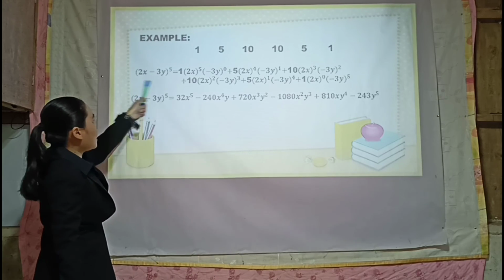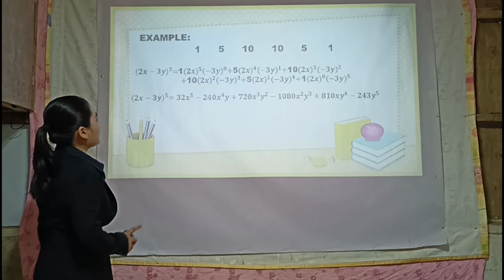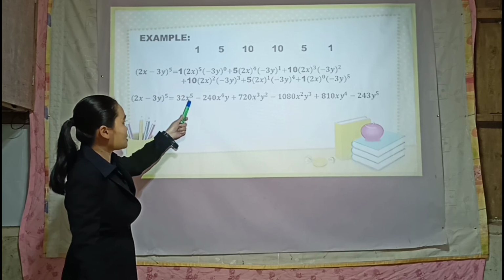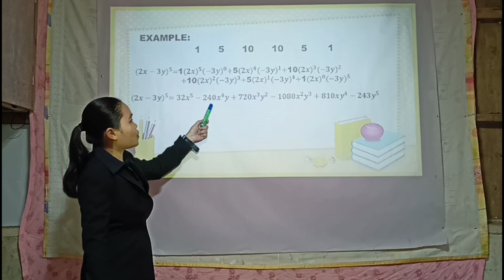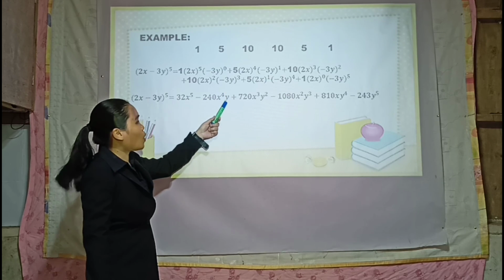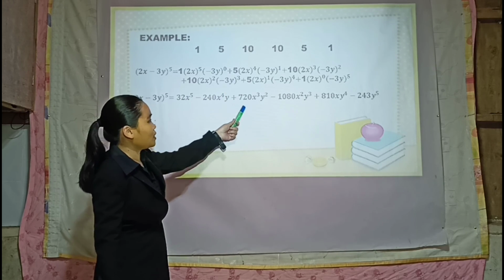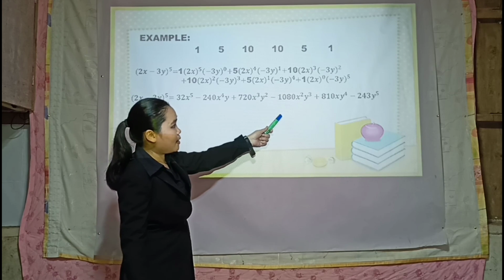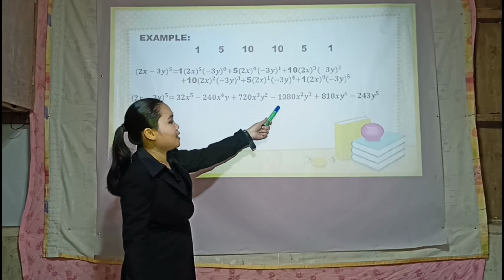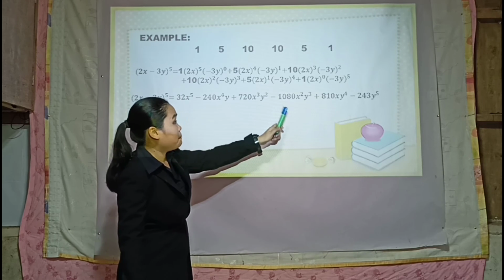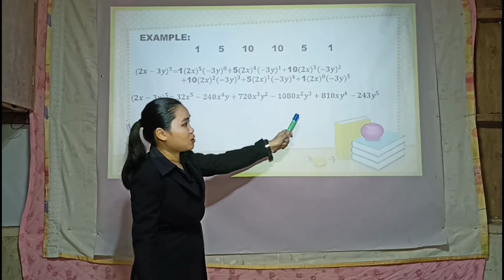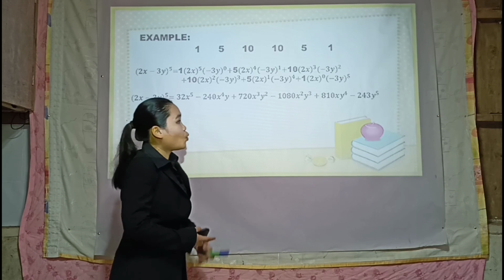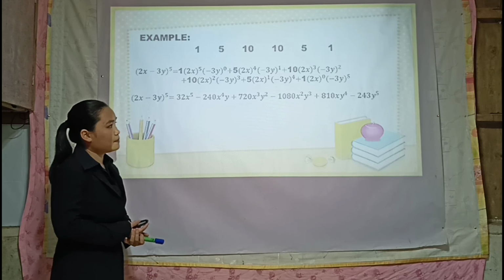So, the answer for this expression 2x minus 3y raised to 5 is equal to 32x raised to 5 minus 240x raised to 4y plus 720x cubed y squared minus 1080x squared y cubed plus 810x y raised to 4 minus 243y raised to 5.